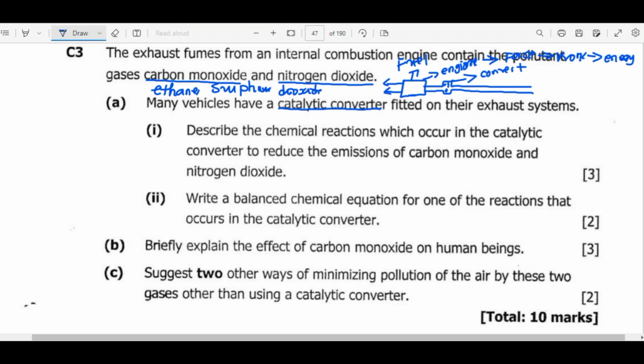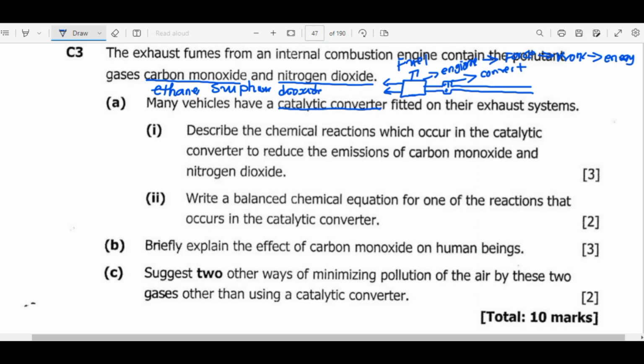Now since we have looked at the diagram and come up with a picture, let's look at question A. Many vehicles have a catalytic converter fitted on their exhaust system.